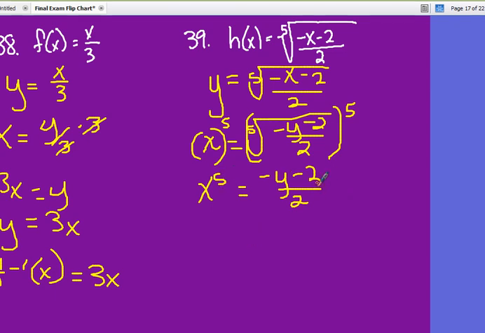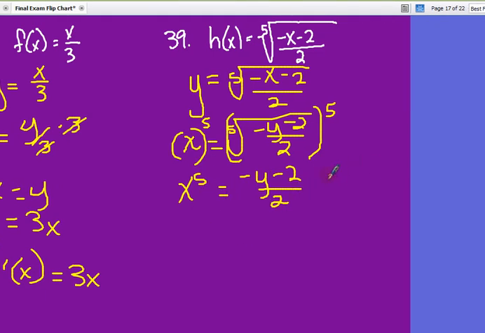And now we're going to undo division, so we will multiply both sides by 2. That'll cancel that out. And again, my goal is to isolate the y. So I can add 2 now to both sides. That'll give me 2x to the 5th plus 2 equals a negative y.